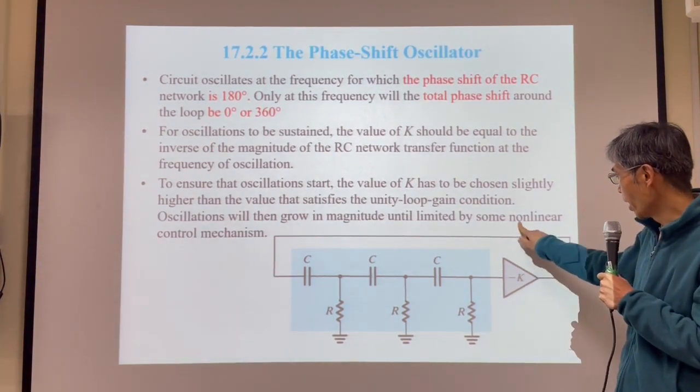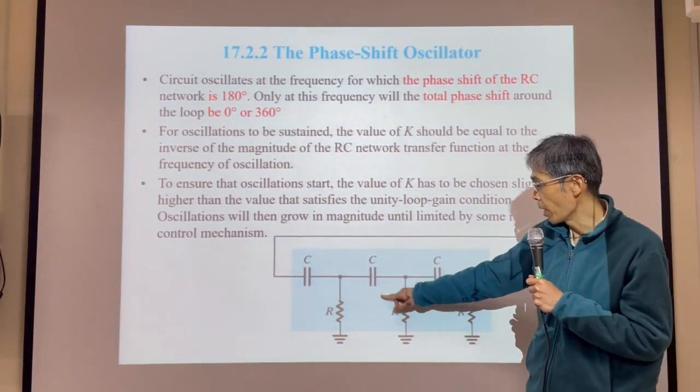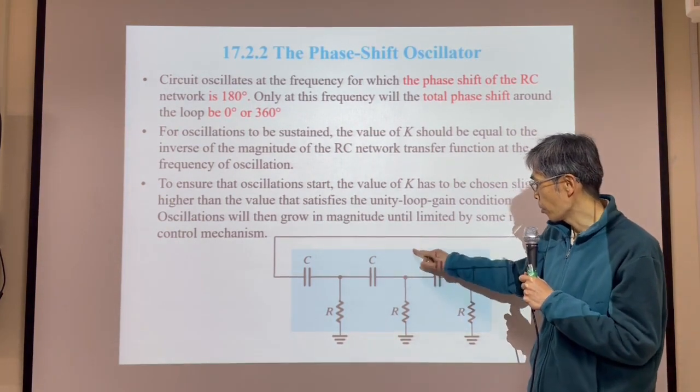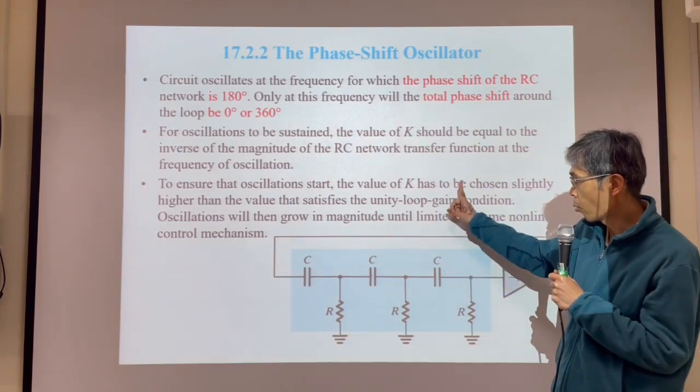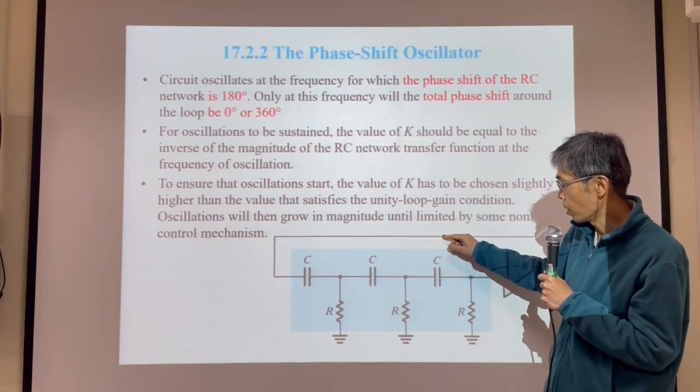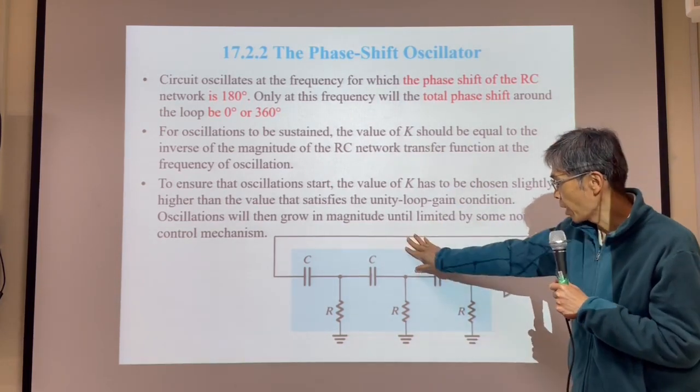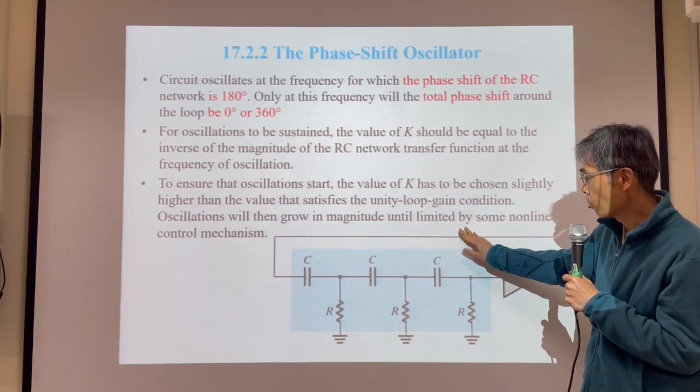This is gain A, this is feedback gain beta. So beta times A, magnitude should be 1, phase angle should be 0.